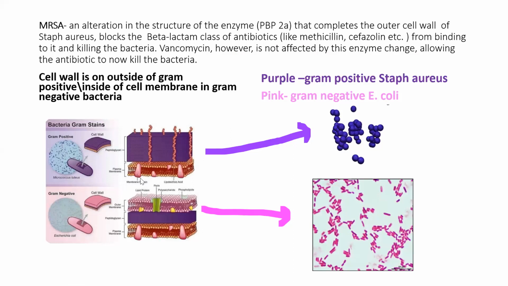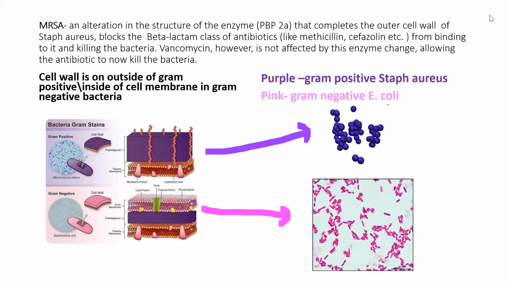If you remember from microbiology, we have two types of bacteria. One is called gram-positive. The gram-positives are the ones on top with a big, thick cell wall. When you stain it, that cell wall holds onto the purple, so under the microscope it looks purplish, and we call that gram-positive.